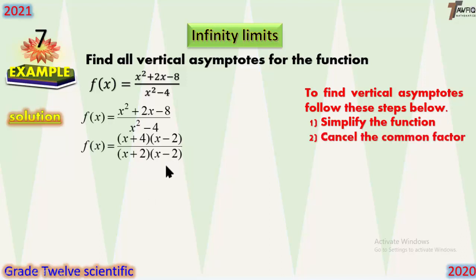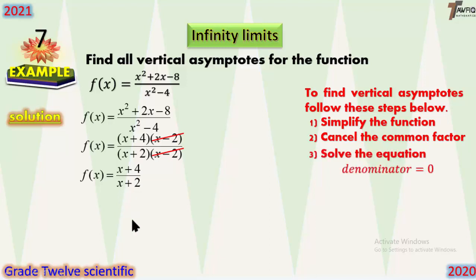Then we cancel these two common factors and f of x equals x plus 4 over x plus 2. Now we set the denominator equal to 0 and solve, then x equals minus 2 is a vertical asymptote.